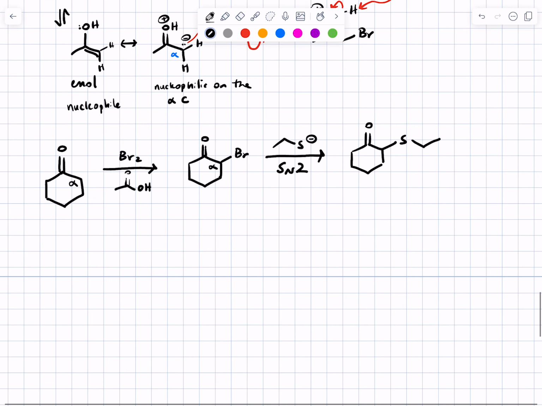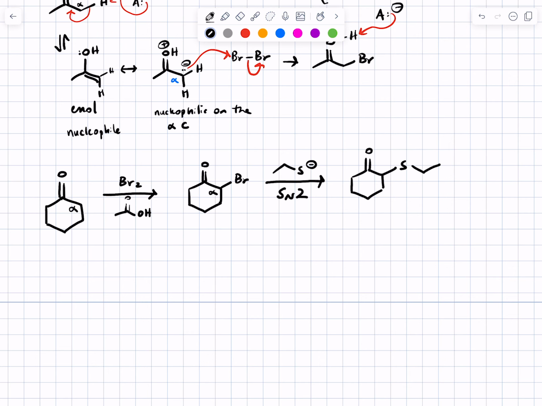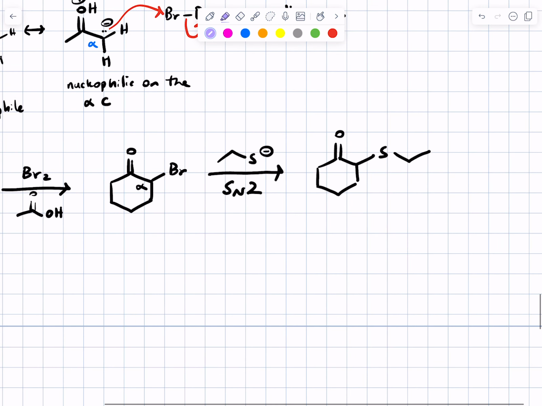So your task is looking at something like this product and saying to yourself, this looks like something that could have been a nucleophile. And it could have had a halide leaving group there to begin with. How could I have gotten that halide group there?